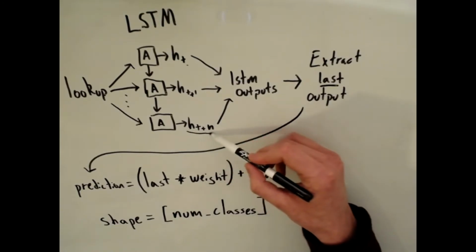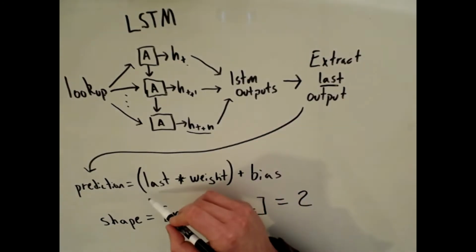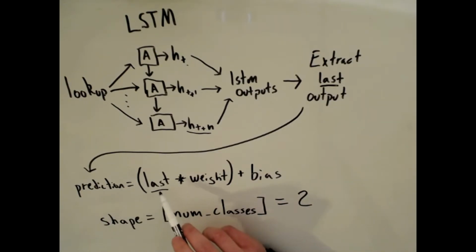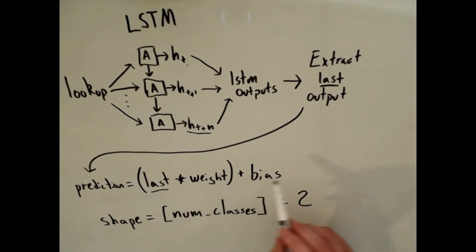So it's this one, and we'll call that last. And we're going to make a prediction, which will be last times weight, add a bias, and the end shape of this prediction is going to be number of classes, which in our case is 2, because we're only trying to predict positive versus negative. We'll compare our prediction to our labels, and then we'll be able to calculate a loss and then train our model.